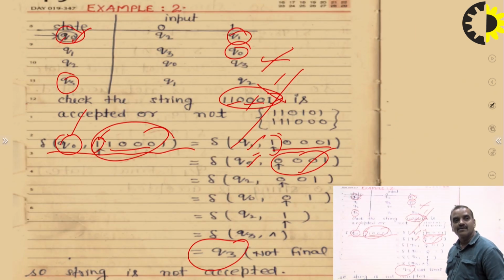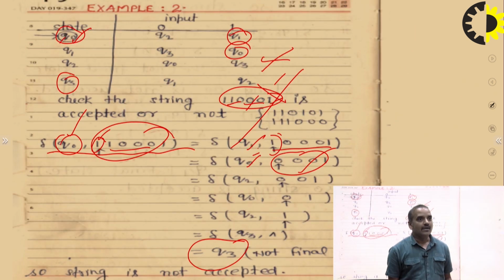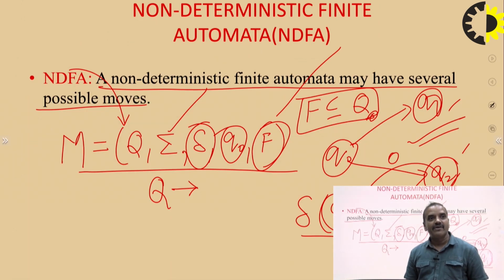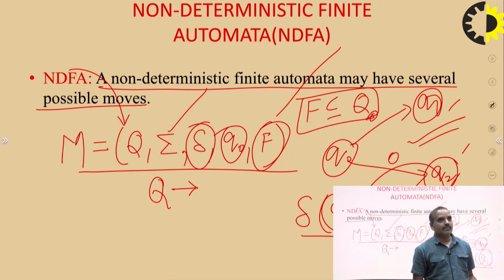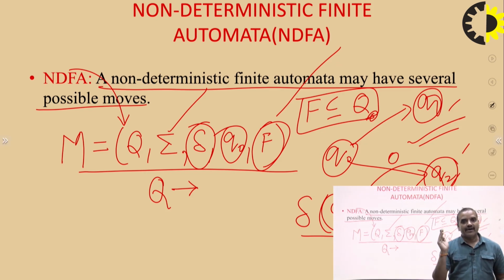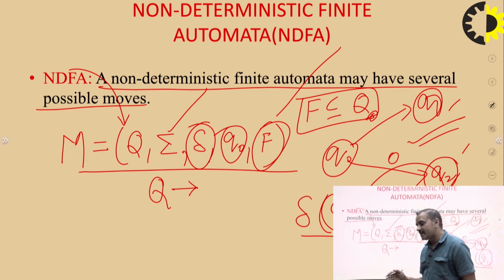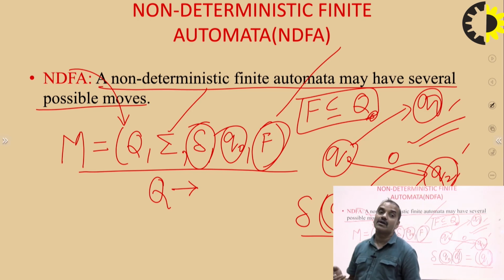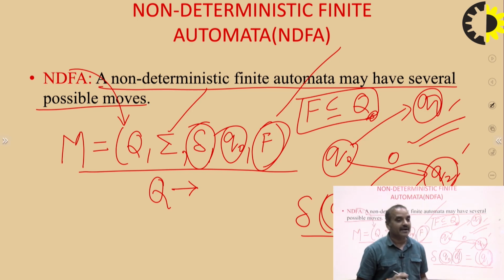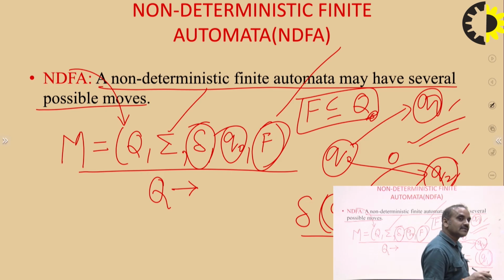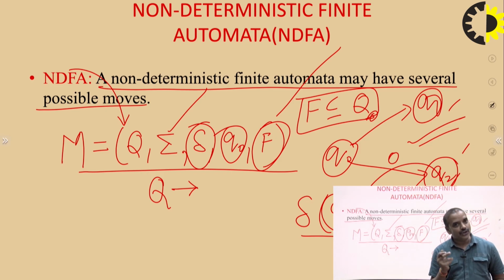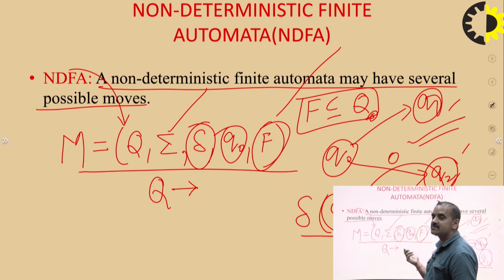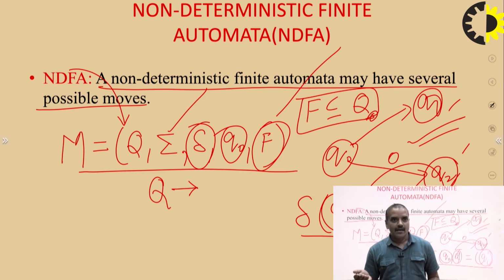So these are the basic concepts related to DFA and NDFA. I summarize the whole topic. The main point is finite automata, which is the abstract model of a digital computer, also called automata. This is classified into two parts. The first one is DFA and the second one is NDFA. DFA means unique move and NDFA means multiple moves.